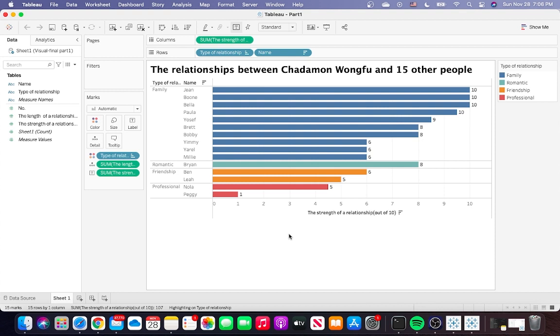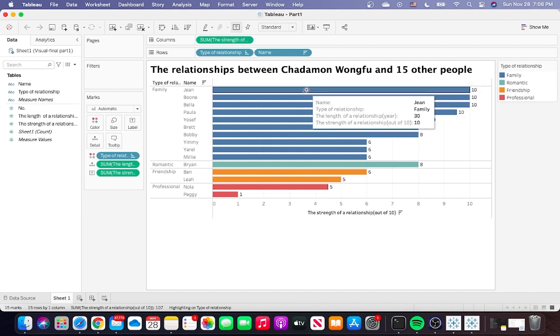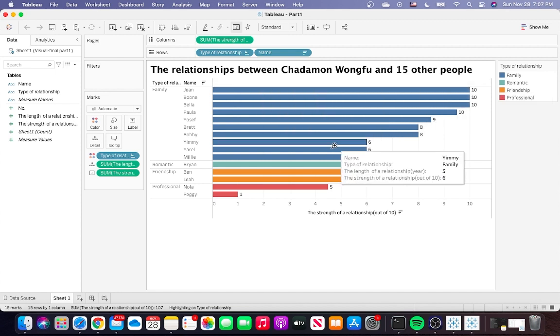Each of the 15 names has a relationship with myself with a score out of 10. I think this makes it easy to separate the highest score and the lowest score of the relationship between myself and the 15 people.